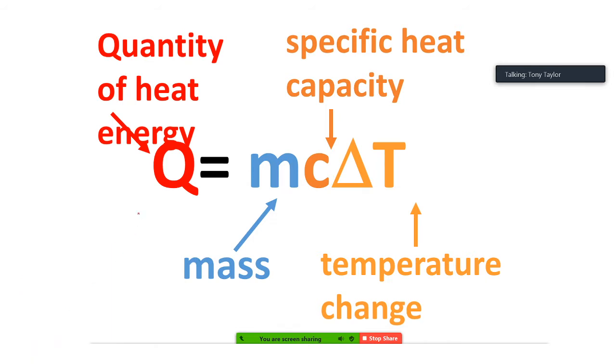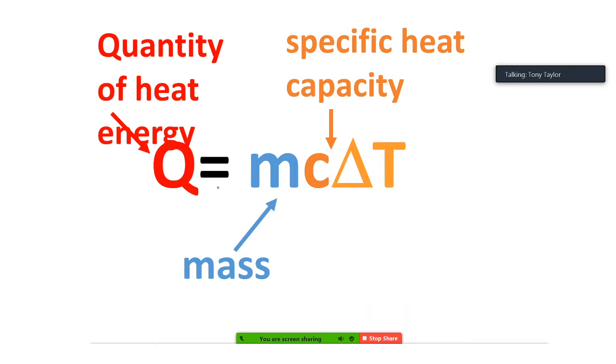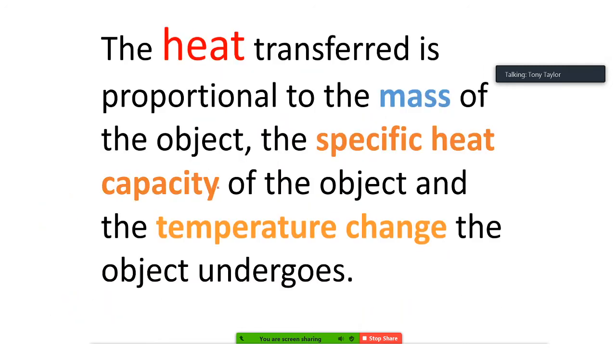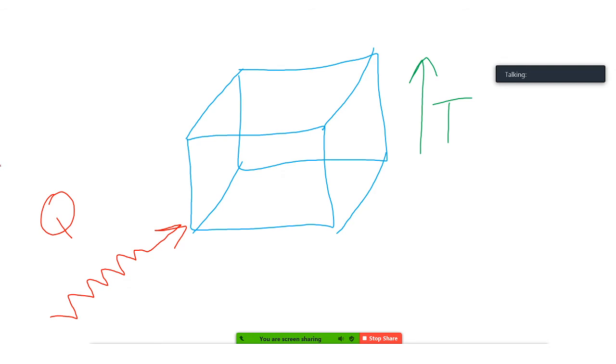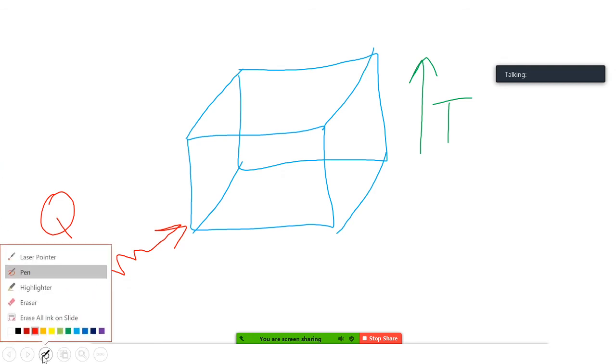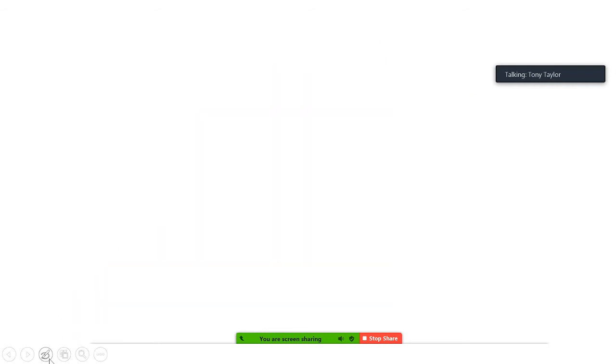One more thing that I want to say here before we move on from this PowerPoint. Look at Q, guys. If you have a substance and you add energy to that substance, Q is positive. So if energy is added, Q is, well, let me write that down somewhere. So in this case right here, if we're adding energy, Q is positive.